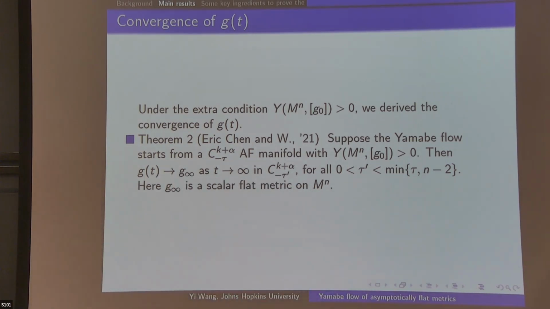Okay, so g infinity is the limit metric, and one can show that it is a scalar flat metric. In other words, the scalar curvature of g infinity vanishes. But it's not necessarily the Euclidean metric, because it's just one equation on this conformal factor, and there are many functions that satisfy this.